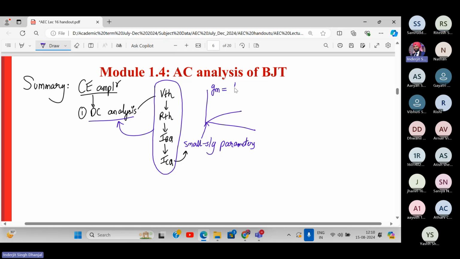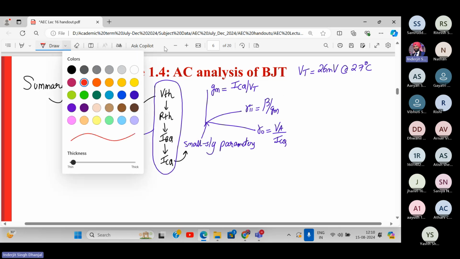Yeah, GM is there. It is calculated by ICQ upon VT, right? Then R pi is there, which is beta upon GM. And what is RO? VA upon ICQ. What is VT over here? Thermal voltage, which is 26 millivolt at room temperature, at 27 degrees Celsius. That is fixed.